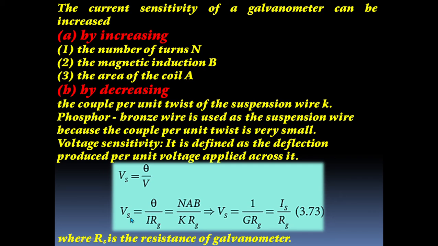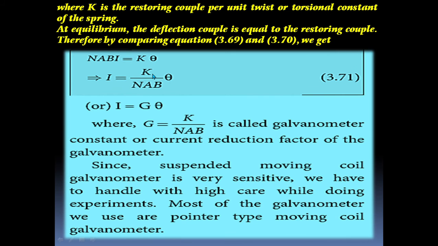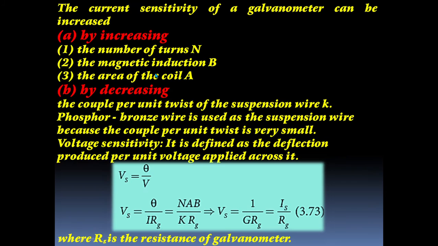Voltage sensitivity Vs is equal to theta divided by V, which can be written as theta divided by I Rg. Already we know the formula for I: I is equal to K divided by NAB into theta. Here, dividing by I means this term is inverted. Substituting the I value, we get NAB divided by K into Rg.